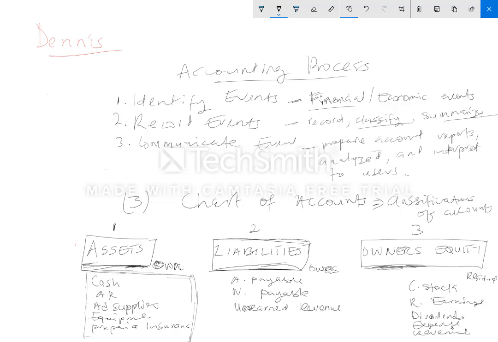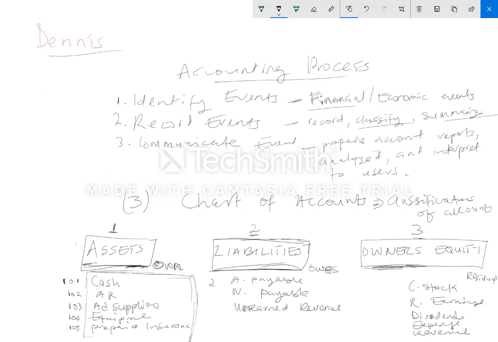So we have this. Remember, we name here 1, 2, 3. So your cash account is going to have 101 account number, 102 account number, 103 account number, 104 account number, 105 account number.